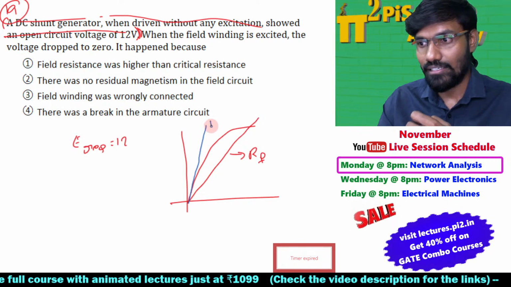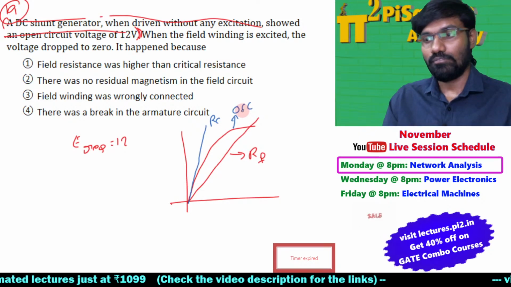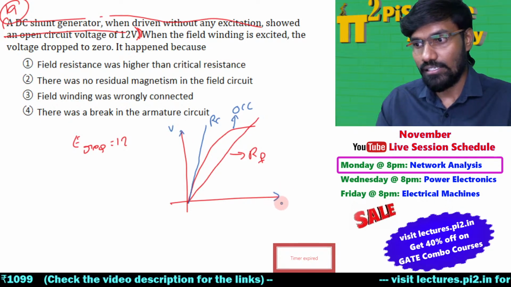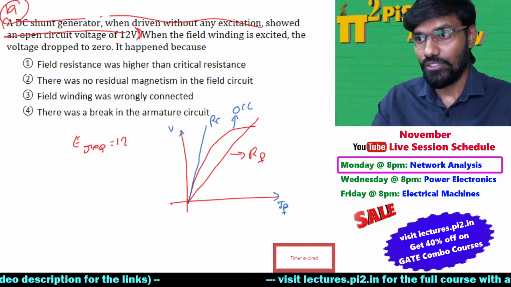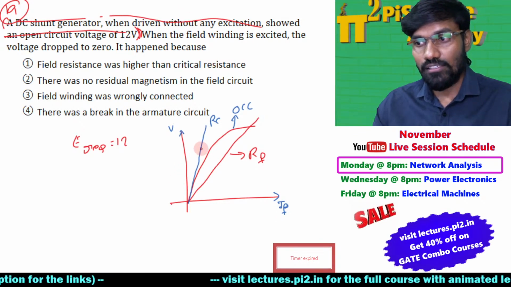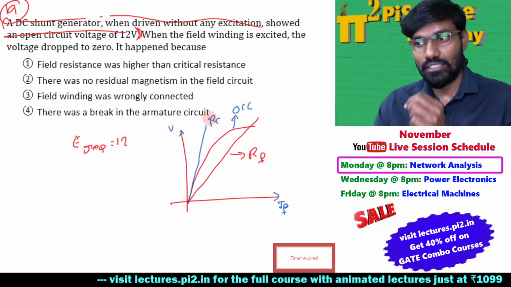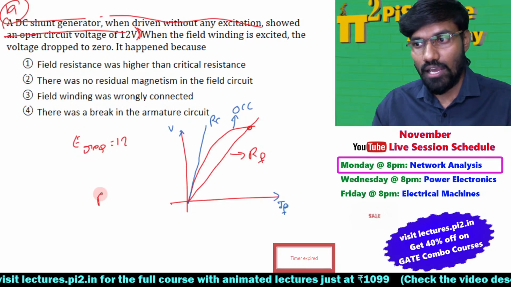This is the critical field resistance line, and this is the OCC. This is the voltage and this is the flux, field current IF. Here this is having more slope, RC has more slope. This is the operating voltage.